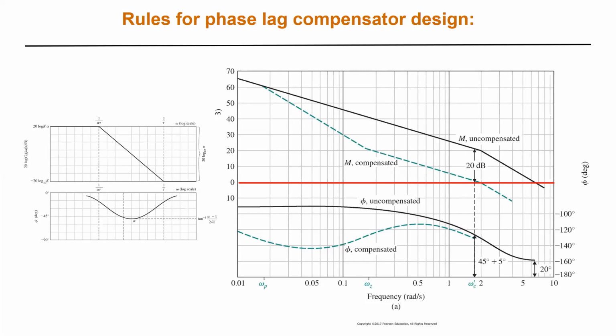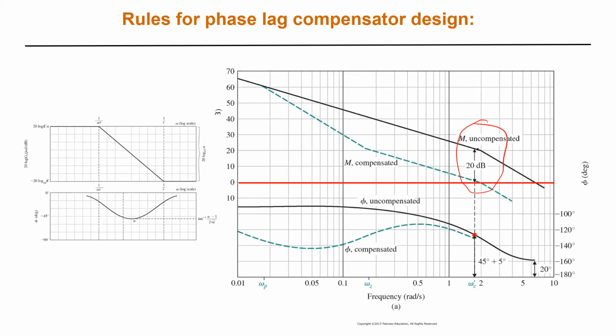So in this case, we will leave this point. What we try to do is take the phase margin from here. Let's say I need 50, or 45. I will take the 45 plus the 5, which is a safety factor, so I need 50. What I'm trying to do now is take the gain from here.